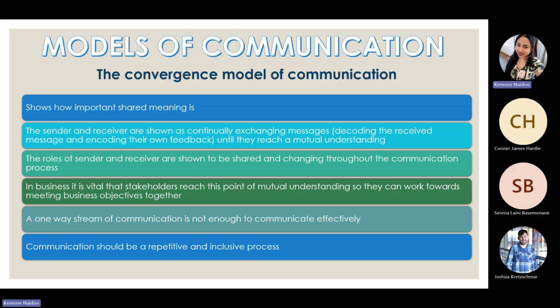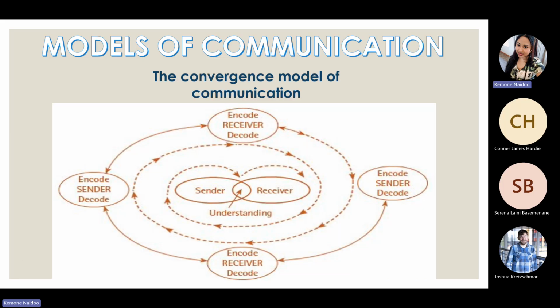So it shows that it's not a one-way stream of communication, it is a two-way stream of communication, which means there are messages being sent back from both ends, and this means that it is more effective. So this is what a convergence model would look like. We have a sender. The sender sends the message to the receiver.